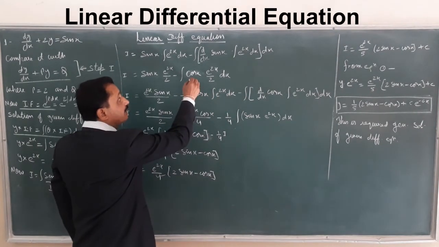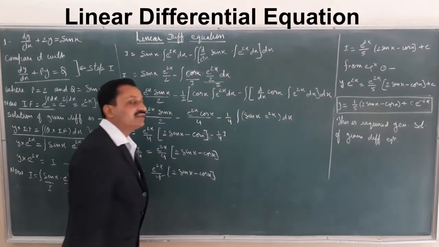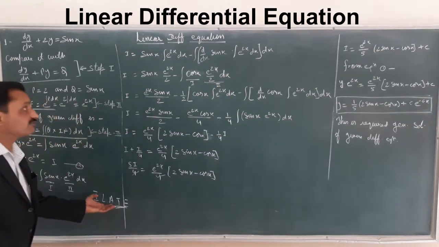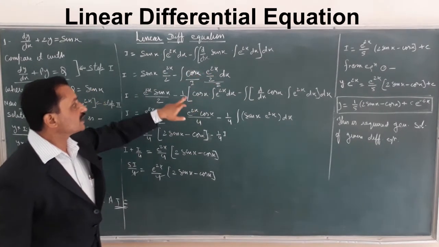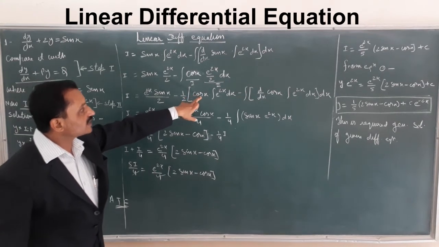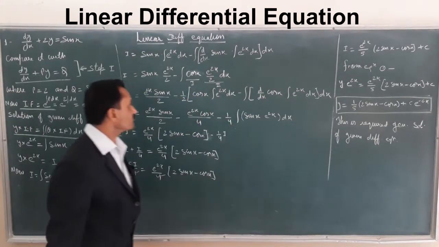Now again we have to apply the first function and second function, the same formula. This is the trigonometric function and this is the exponential function. Take 1 by 2 outside: first times the integration of second, minus the differentiation of first times the integration of second.